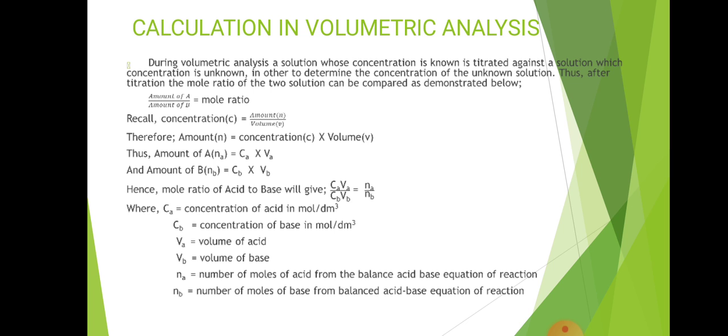Cb, concentration of base in moles per dm cube. Va, volume of acid. Vb, volume of base. Na is the number of moles of acid as seen in the balanced chemical equation of the reaction, and likewise Nb is the number of moles of base as seen in the balanced chemical equation of the reaction.